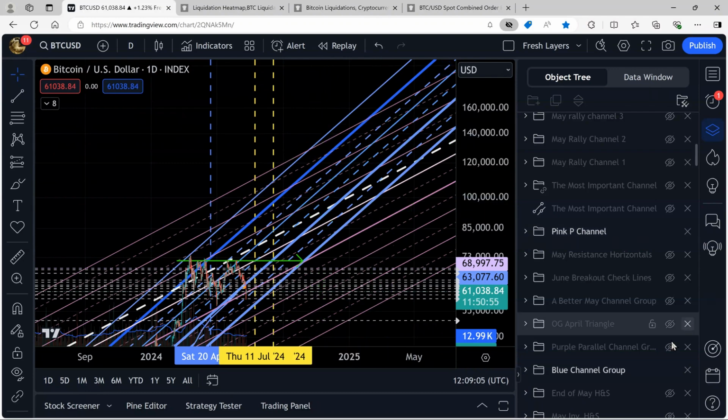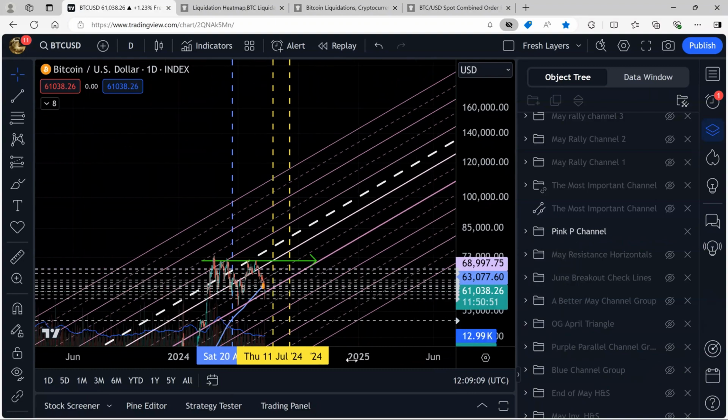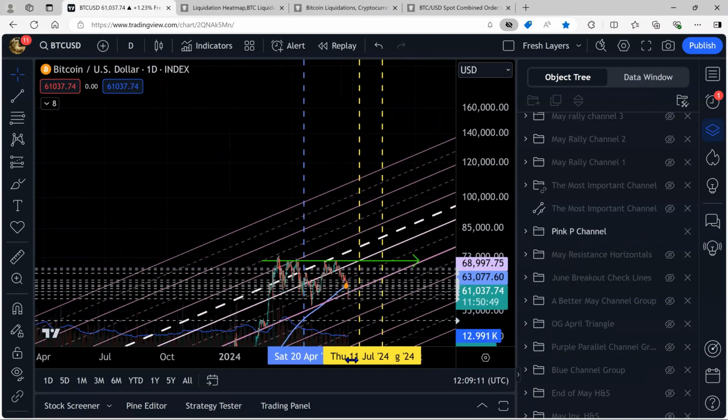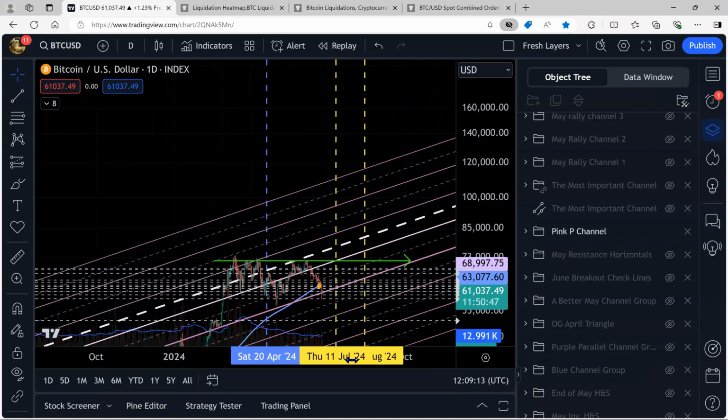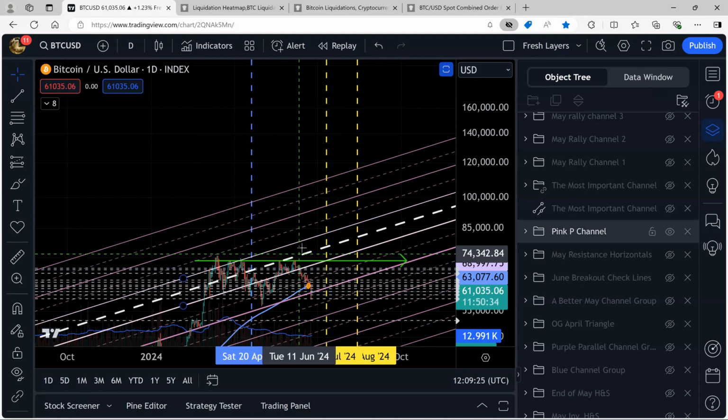I mean, that's simply looking at these channels here. So let's turn off the blue channel group and look at the pink channel. I had been looking at a smaller channel and thinking that this was just a deviation and that we were about to break out here.